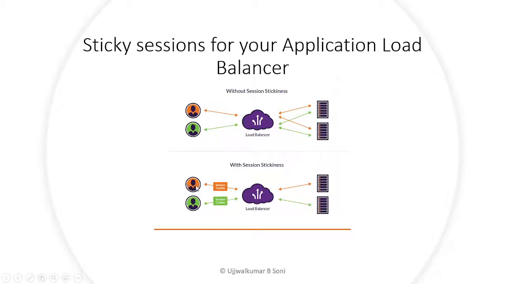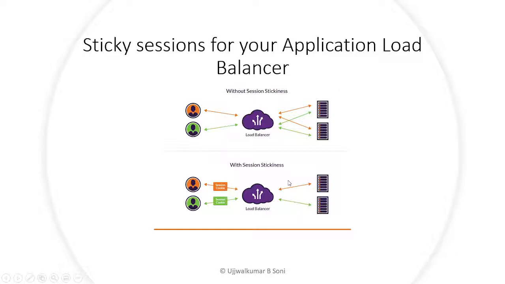When, let's say, this orange user requests, a session cookie gets set in the browser. The cookie name starts with AWSALB. We'll see it in the hands-on session. Once the cookie is set, the user will get responses only from that particular host for that particular period of time.